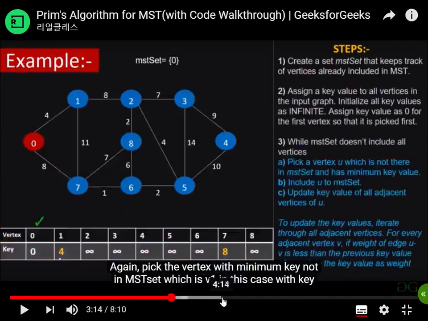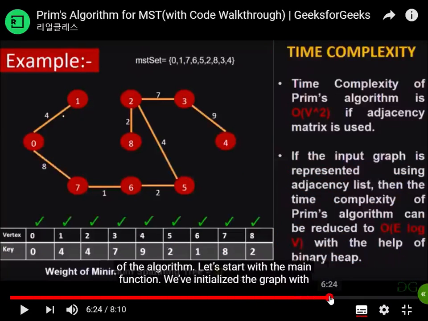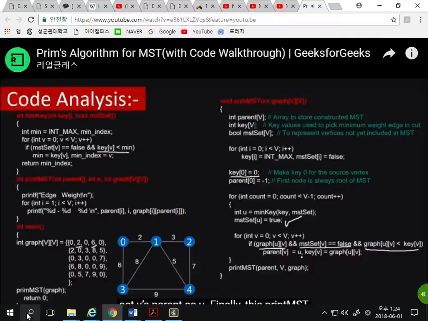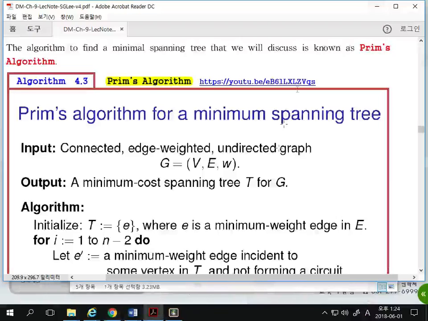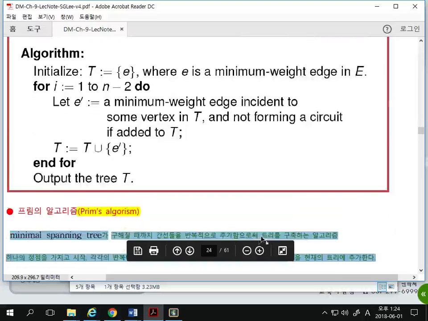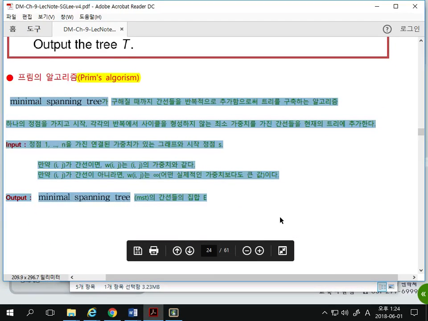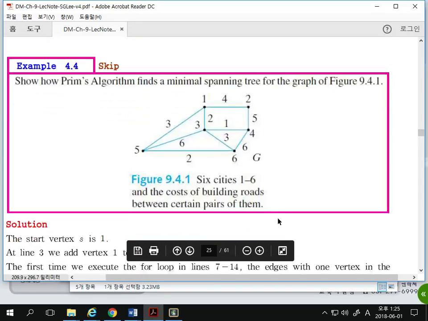Okay, so you can see how Prim's algorithm works. Finally, this prints the MST here. And I already gave you the algorithm to find the minimal spanning trees.